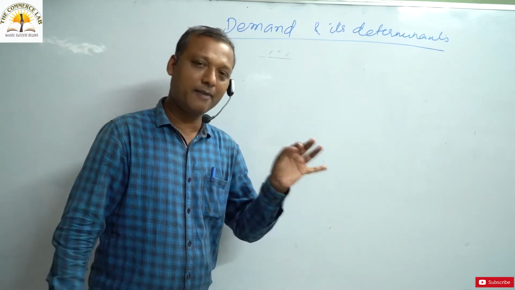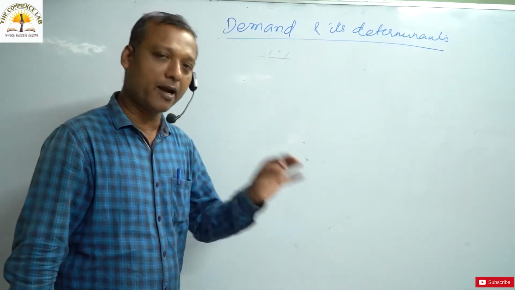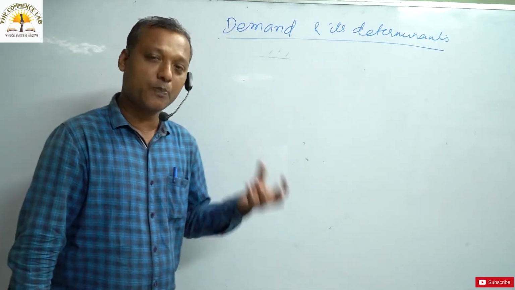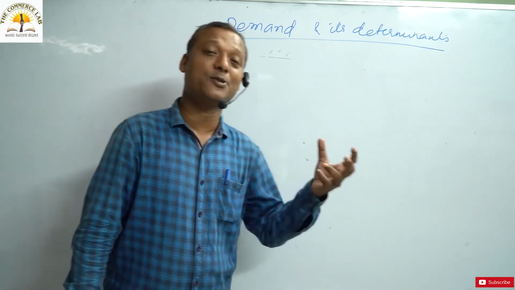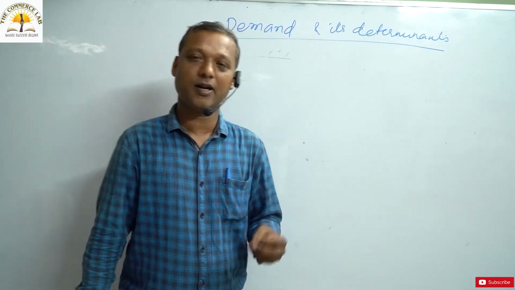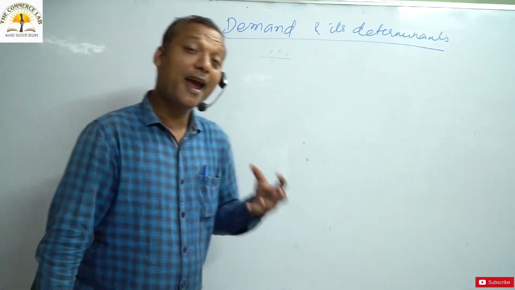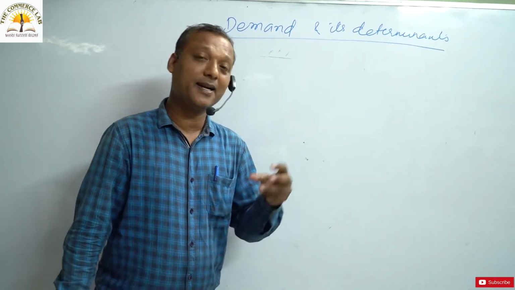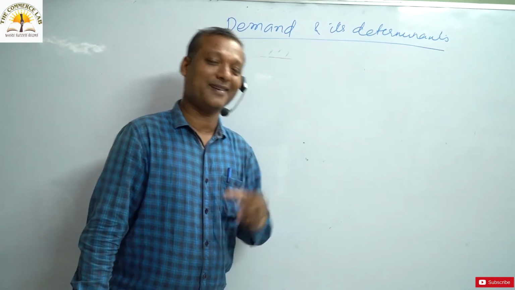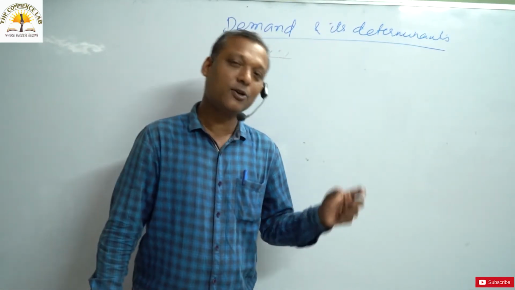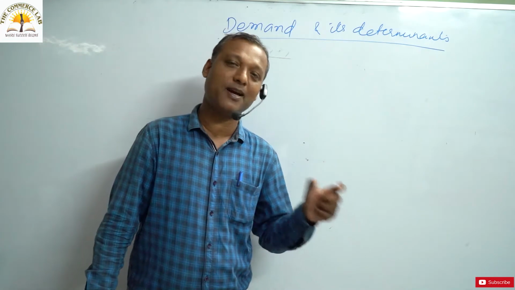So a demand cannot be fulfilled in the case of a beggar, because a street beggar has willingness to pay but capacity to pay is not there. Similarly, a miser has the ability to pay, but he doesn't have the willingness to pay. So we can fulfill demand neither in the case of a miser nor in the case of a beggar.